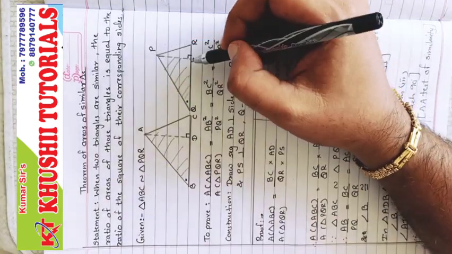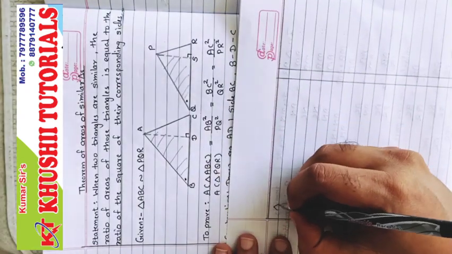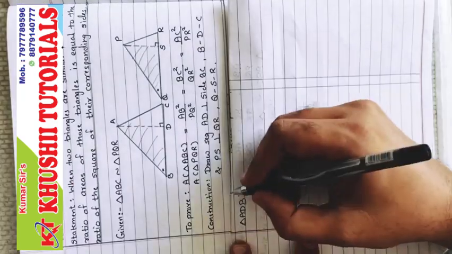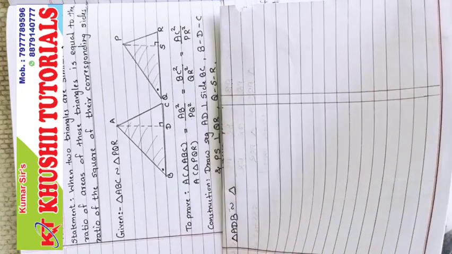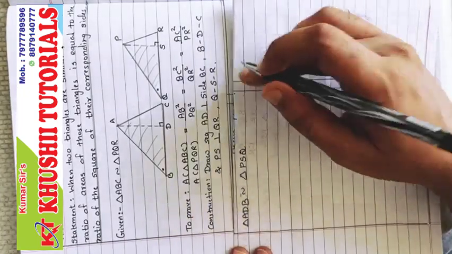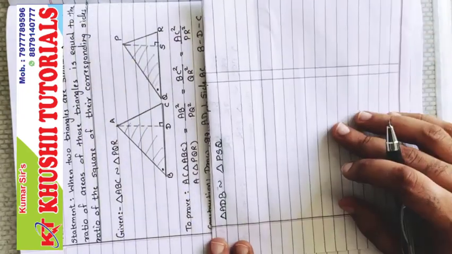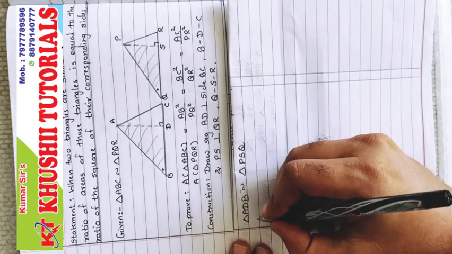So I'll continue from the same. Triangle ADB is similar to triangle PSQ, already done by the AA test of similarity. As we know the triangles are similar, therefore sides are proportional.